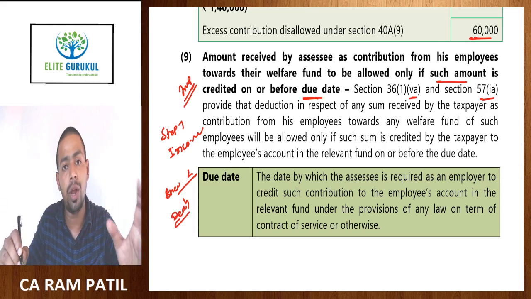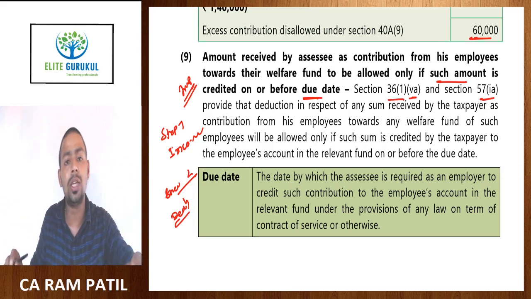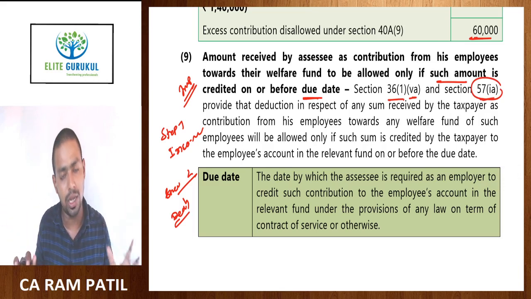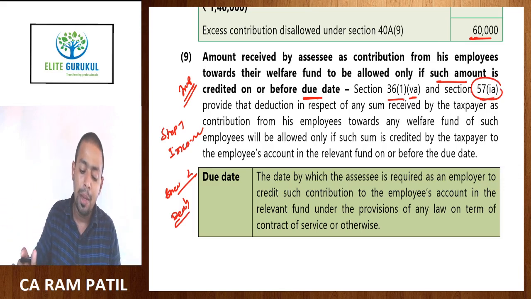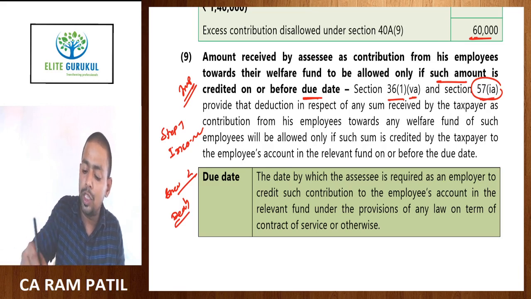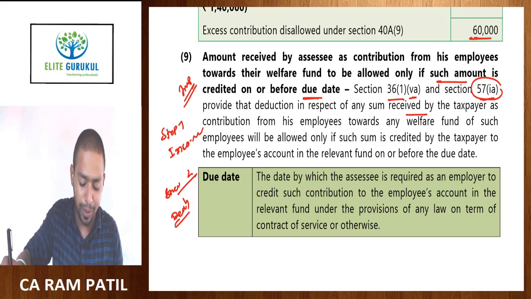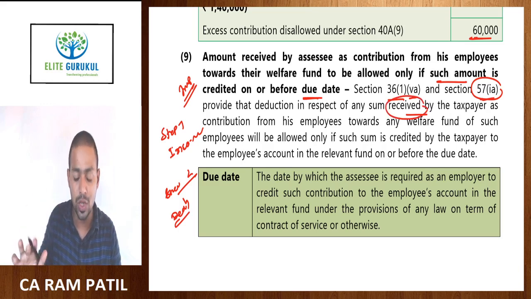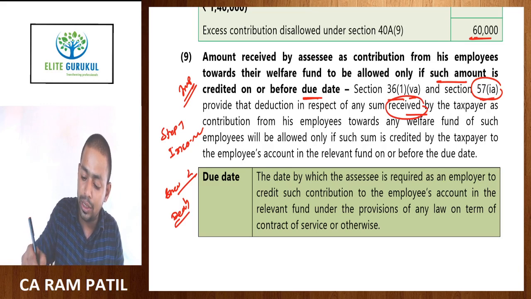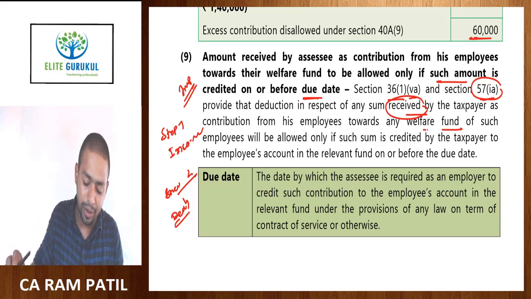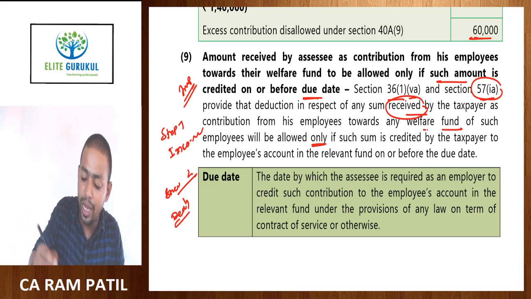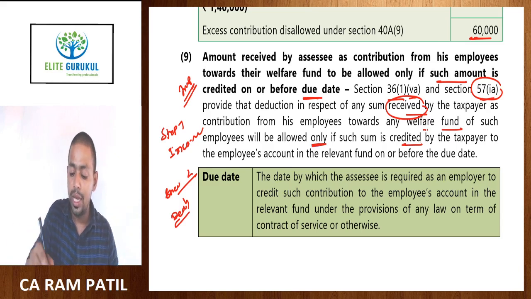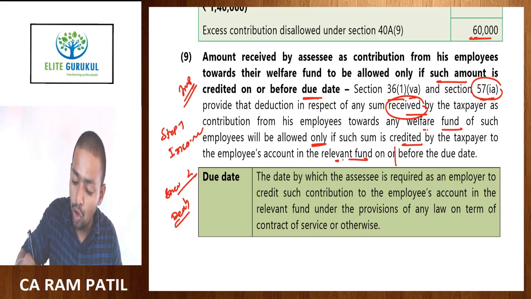Section 36(1)(va) and section 57(ia). Now section 57(ia) is under IFOS, but both these sections talk about the same thing, so we can ignore the provision under the IFOS chapter. Provided that deduction in respect of a sum received by the taxpayer as a contribution from his employees towards any welfare fund of such employees will be allowed only if such sum is credited by the taxpayer to the employee's account in the relevant fund on or before the due date.